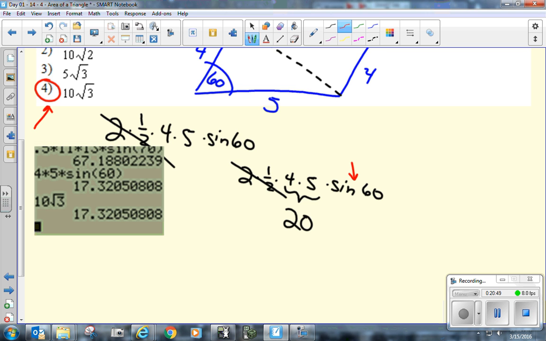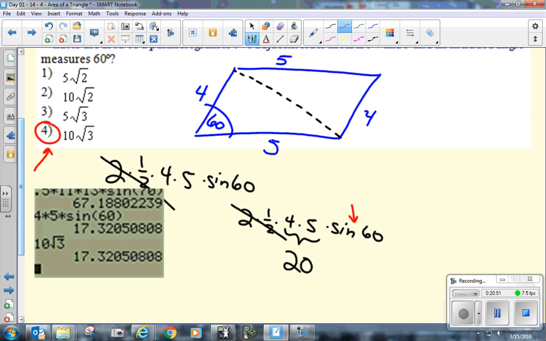What if I drew an altitude here? That becomes a right triangle that also has a 60-degree angle. So if I draw a right triangle, and let's say I have a 60-degree angle in it, this has to be 30. And what are the sides of a 30-60-90 triangle?